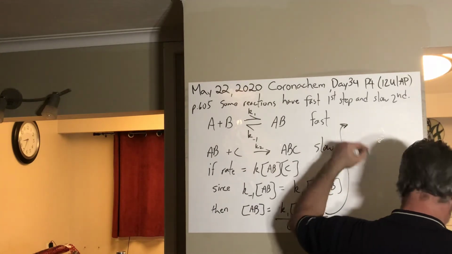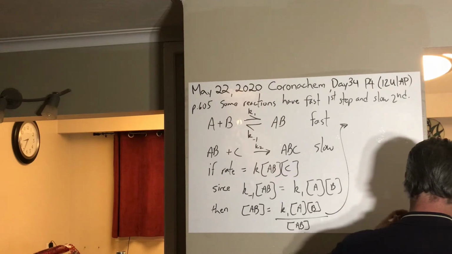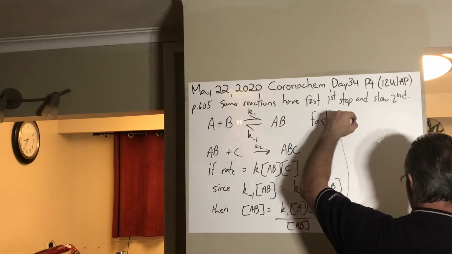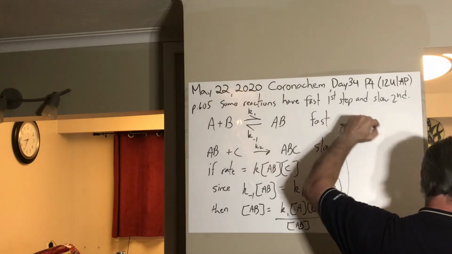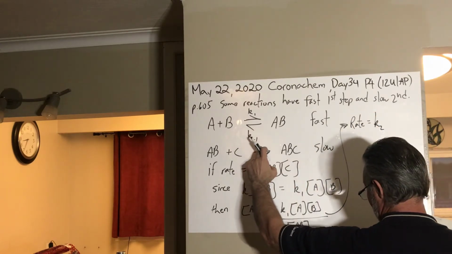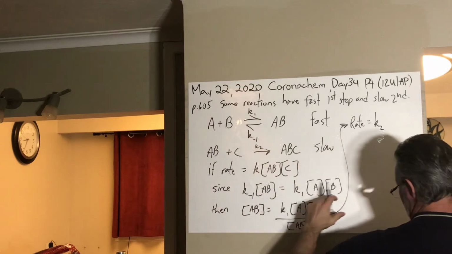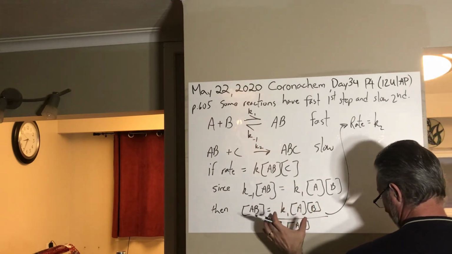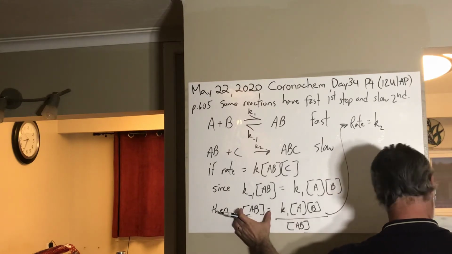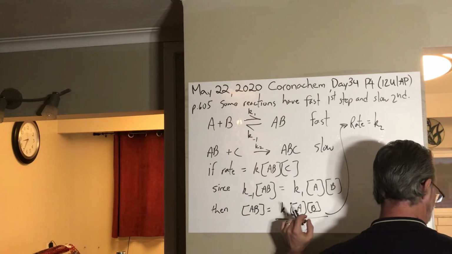And the rate of the reaction is going to be equal to K2, which is from this reaction, times the concentration of AB times C. But this whole thing, did I miss something there? I missed my K minus 1.